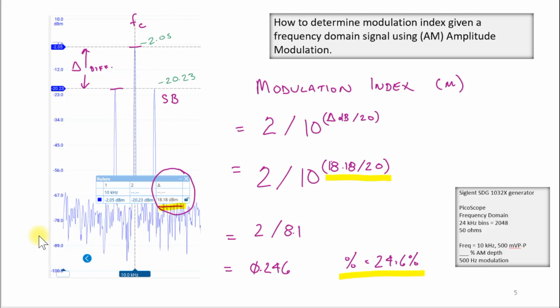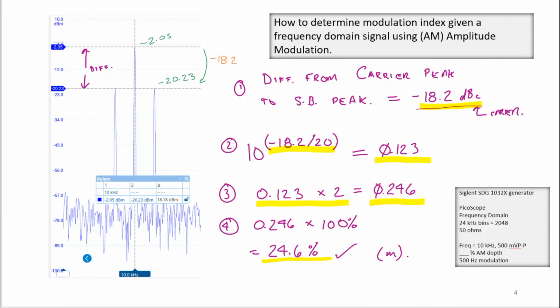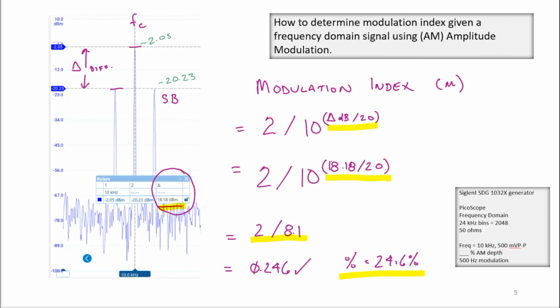And you apply it to this formula. The difference in decibels divided by 20, again, because we're trying to get a difference in voltage. That brings you down to this value of 2 divided by 8.1. That works out to be 0.246. And as a percentage, 24.6. So whether I did it this way or this way, I get the same answer.